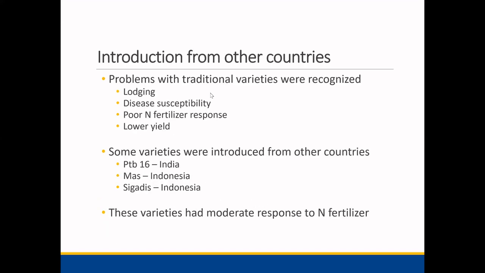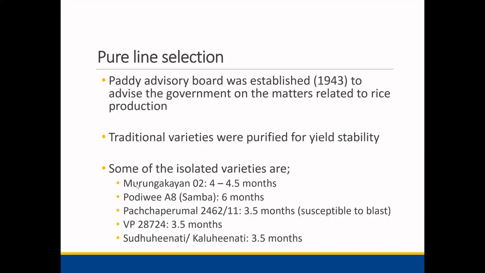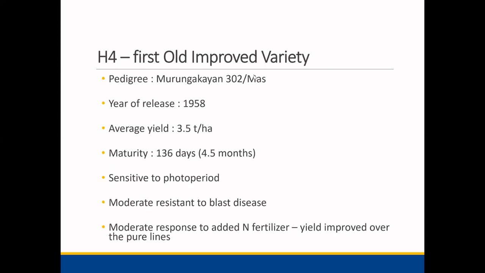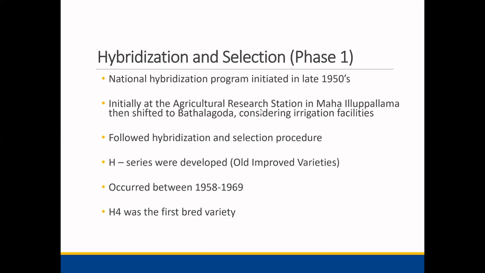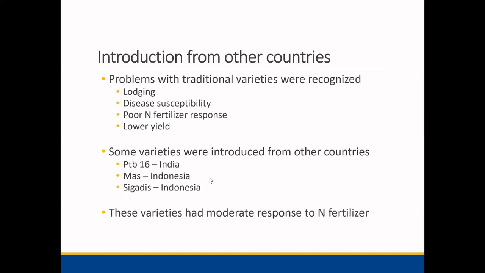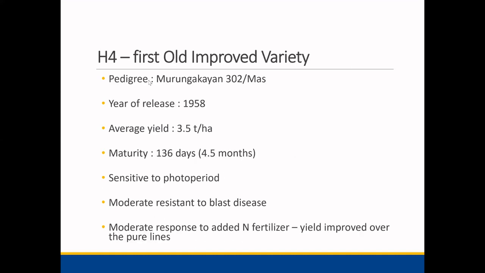You can see here we have an example of an isolated pure line as one parent, and the other, Mass, is the introduced one, introduced from Indonesia. So those are the parents for H4. This variety was released in 1958. To release a variety, you have to spend 7 to 8 years.